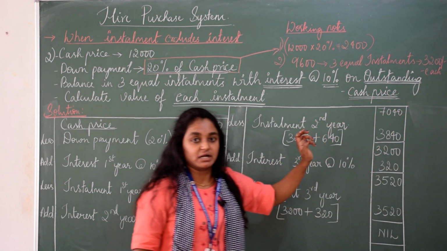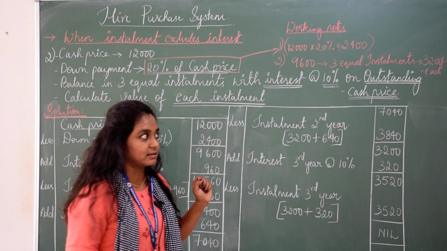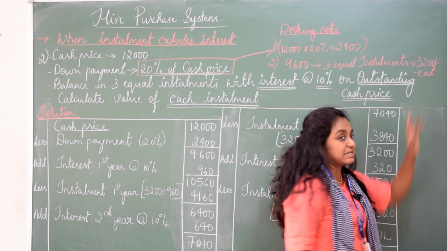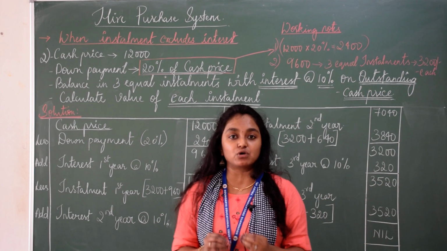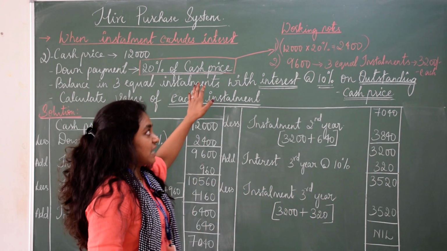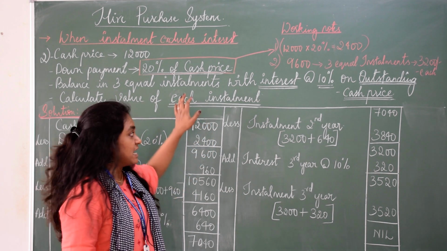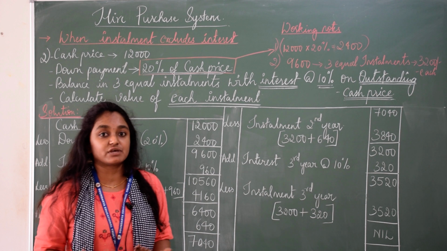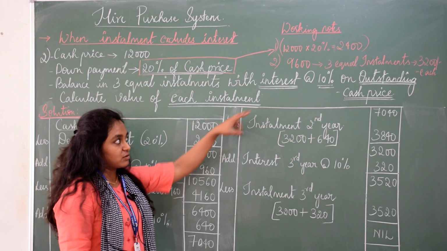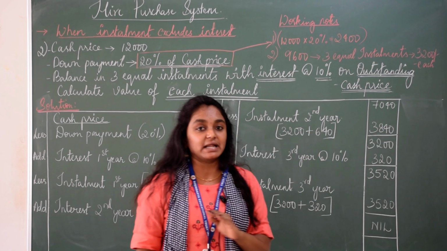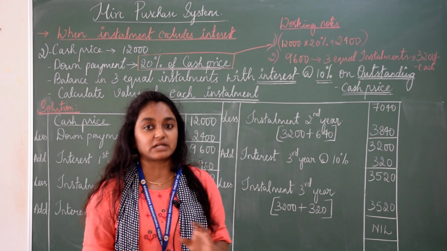So, one installment amount is 3,200, and be very sure 3,200 does not include any amount of interest. This adjustment itself states the installment is exclusive of interest. Whatever 3,200 installment we are paying every year, it is completely exclusive of interest, not inclusive.